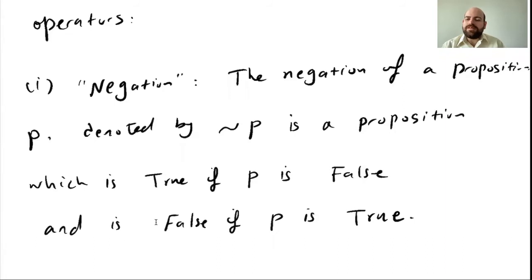P, remember, is a proposition, therefore it's a declarative sentence. So negation P means it's not the case that P holds.